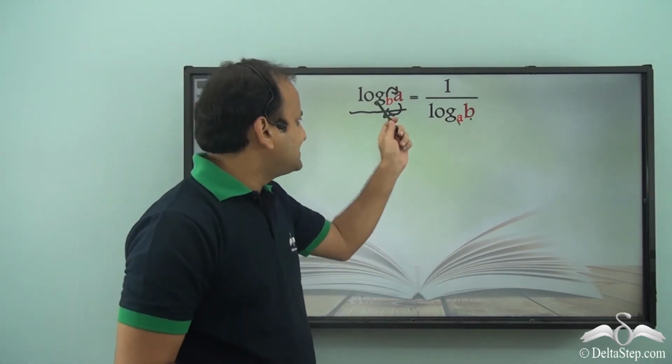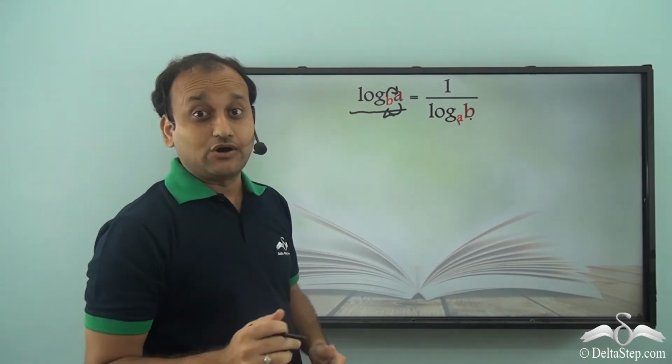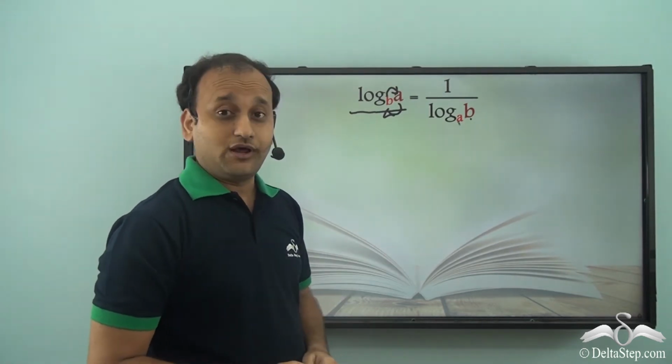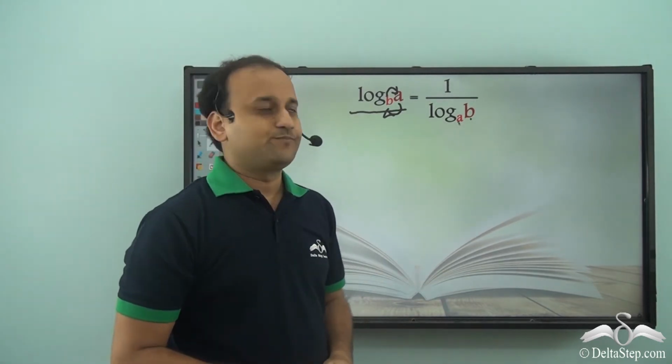So let's see, is that really true? Can it really be done so easily without applying the change of base formula? Let's apply the change of base formula and see if this stands true.